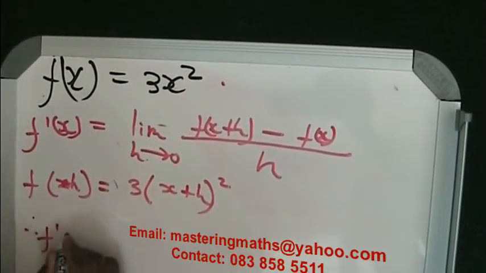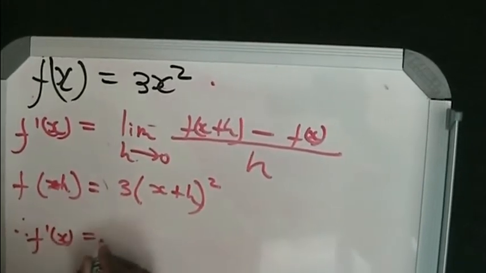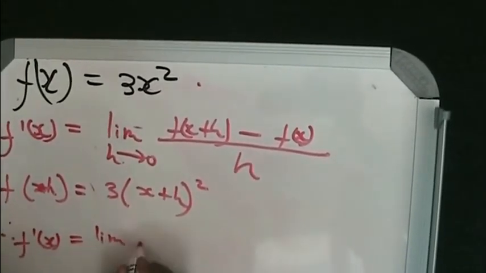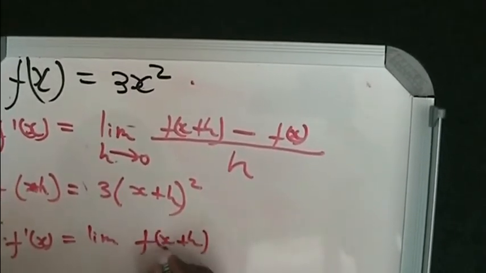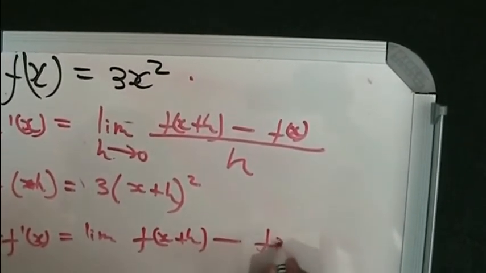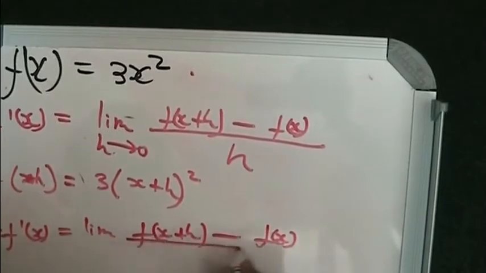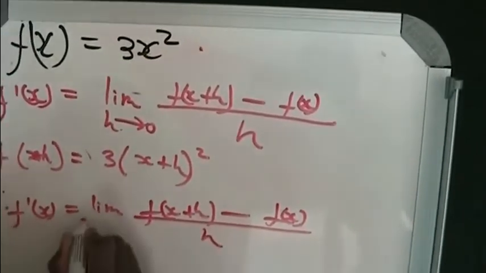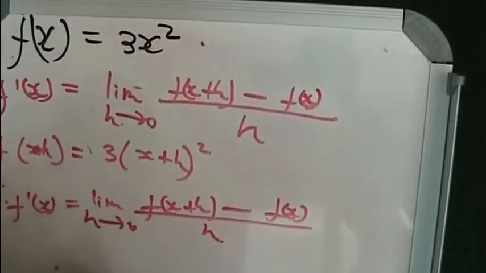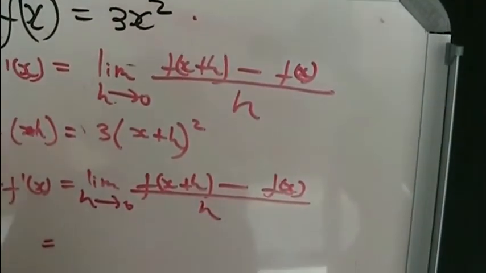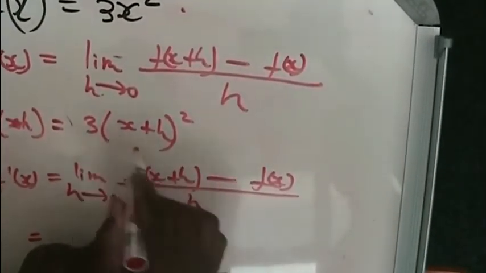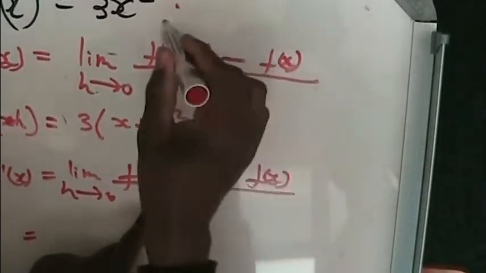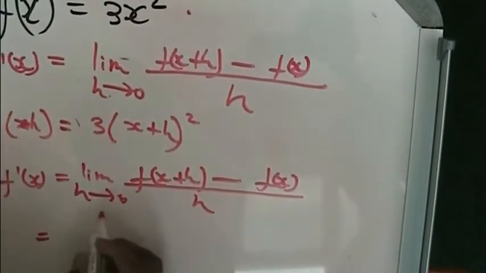Therefore, f prime of x is equal to limit of f of x plus h minus f of x over h as h tends to 0. Then you substitute: where there is f of x plus h, you put this, and where there is f of x, you put f of x.